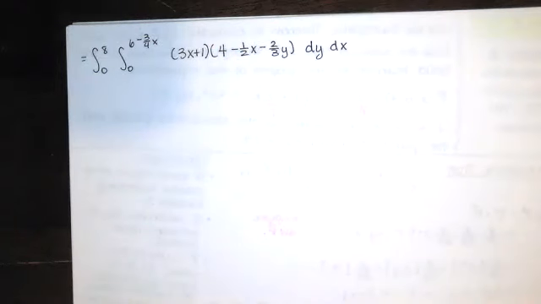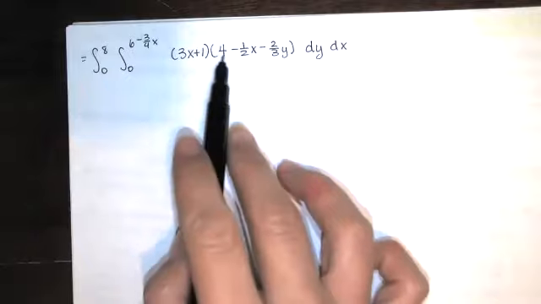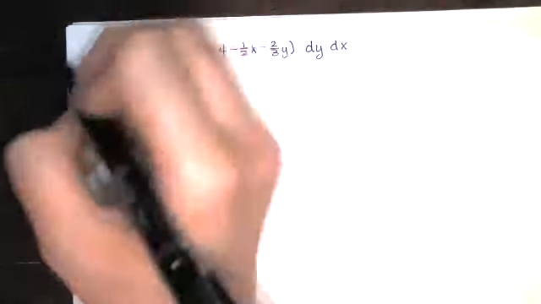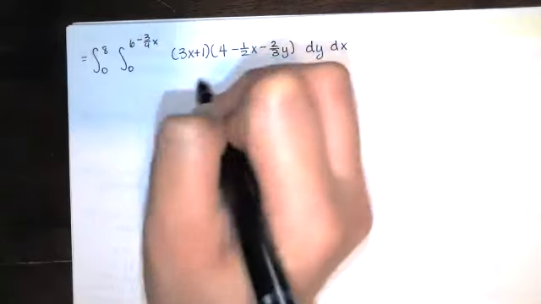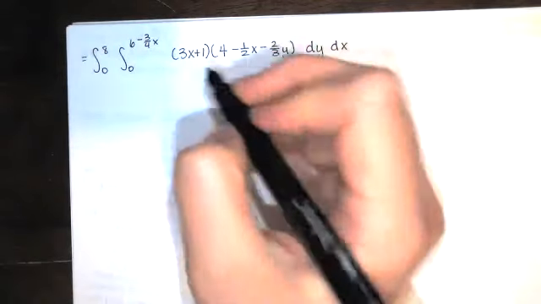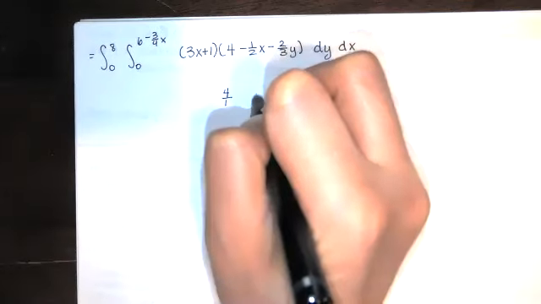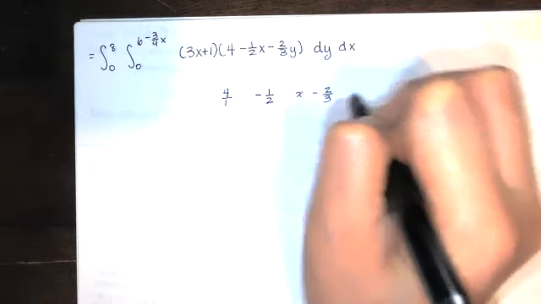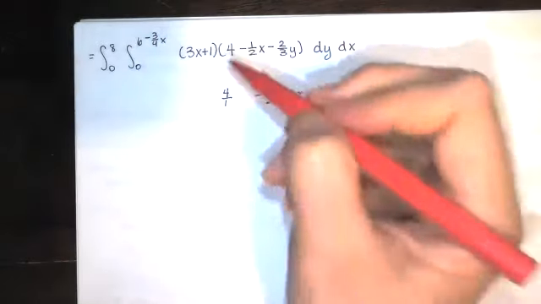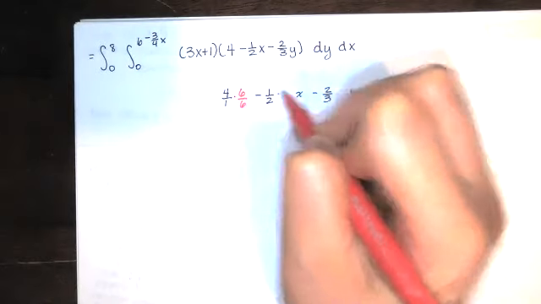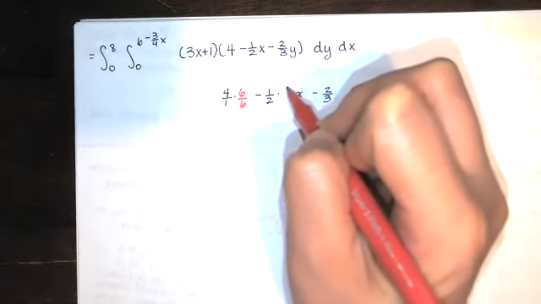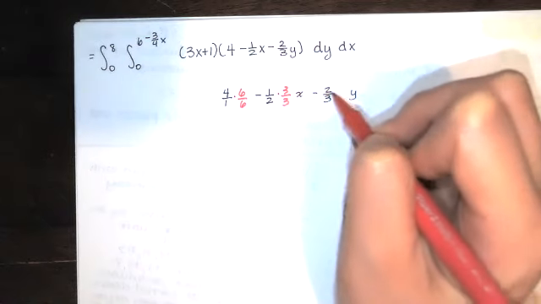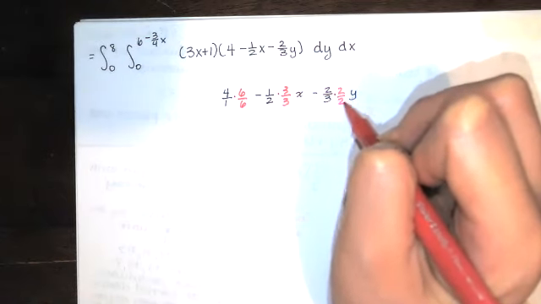At this point, you can distribute if you want to. I think I would like to eliminate all these fractions, so I'll get a common denominator. I'd really like all of these to be over 6. I'll multiply 4 over 1 by 6 over 6, multiply 1 over 2 by 3 over 3, and multiply the 2 over 3 by 2 over 2.